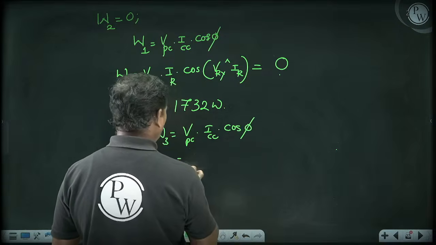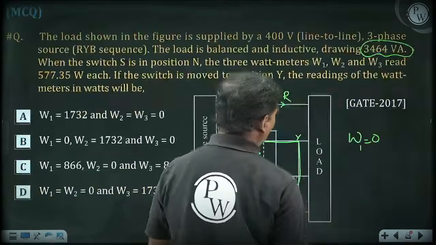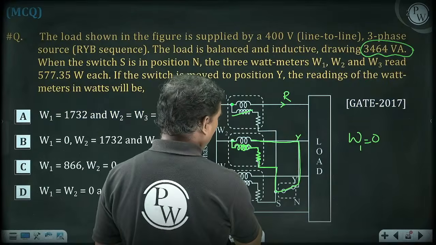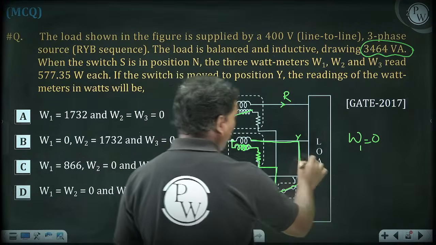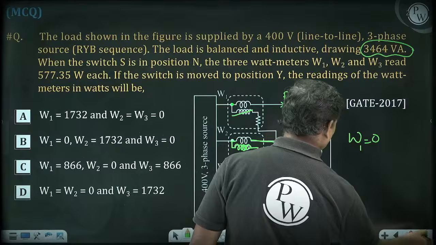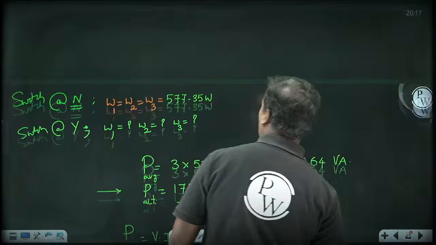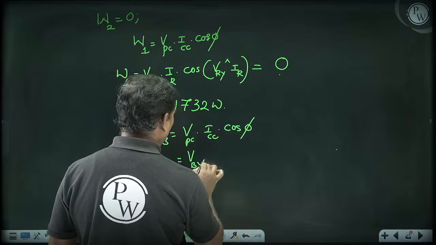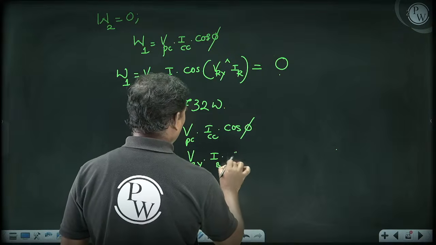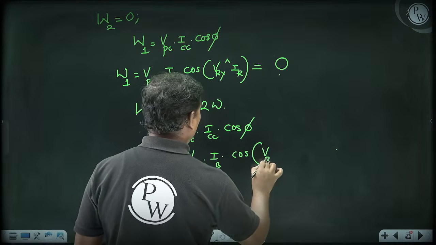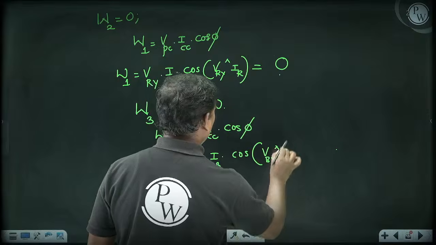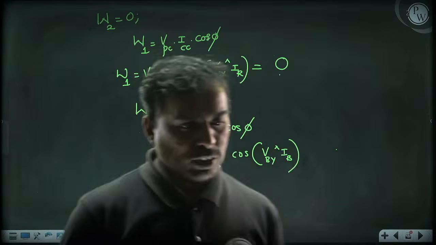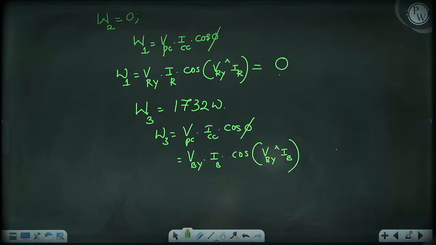So W3 is coming between these points, VBY and IB. So VBY IB cosine angle between VBY and IB. You have to find out that angle. That angle is going to come as how much?